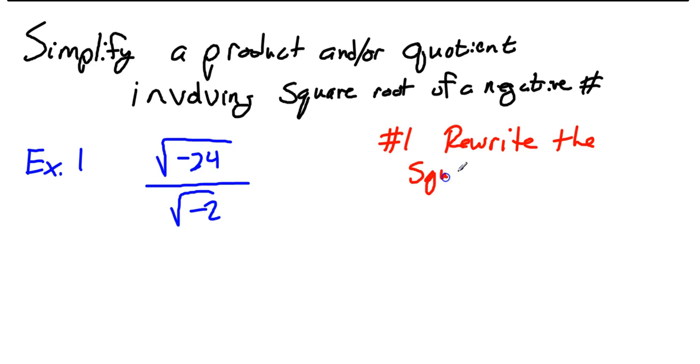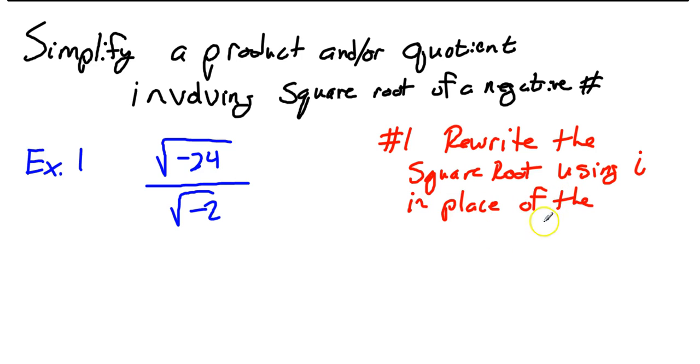So the first thing you're going to do is rewrite the square root using i in place of the negative. And then you simplify, because some of these you're going to add, some you're going to multiply, some you're going to divide.